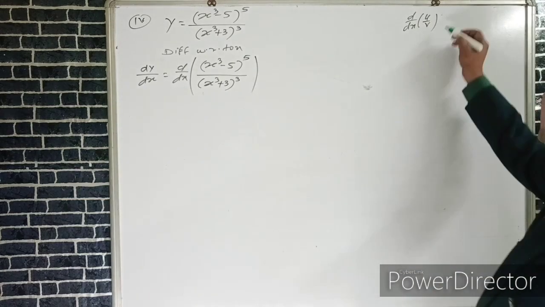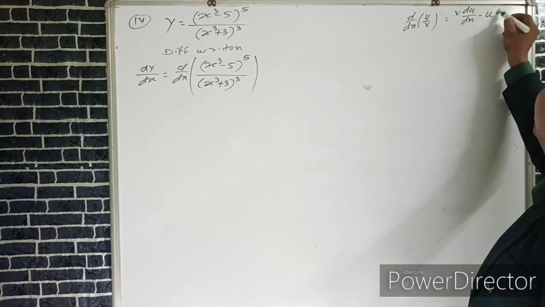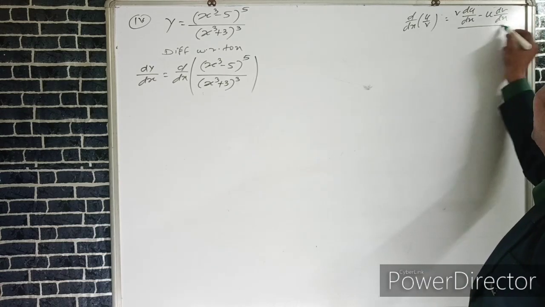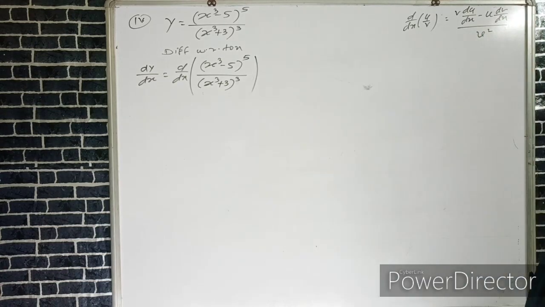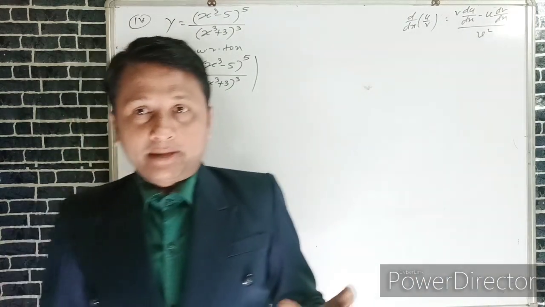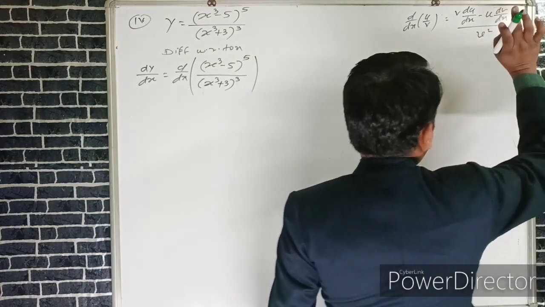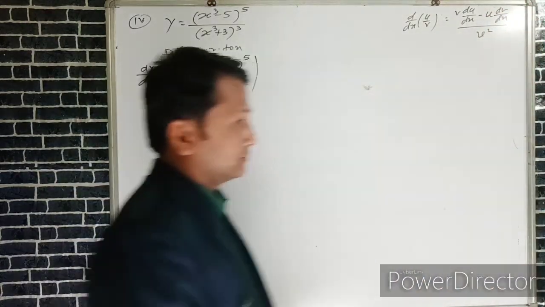The derivative of u upon v is v into du by dx minus u into dv upon dx, upon whole square. It means second function into derivative of first function minus first function into derivative of second function upon v square.